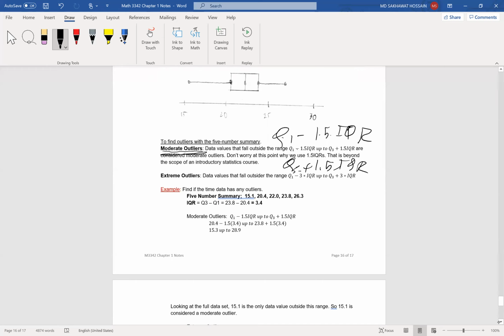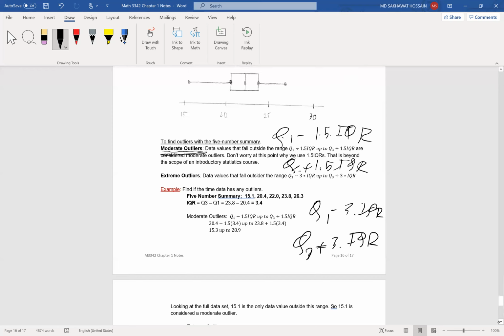But if there are numbers less than Q1 minus 3 times IQR, or greater than Q3 plus 3 times IQR, then they are called extreme outliers.